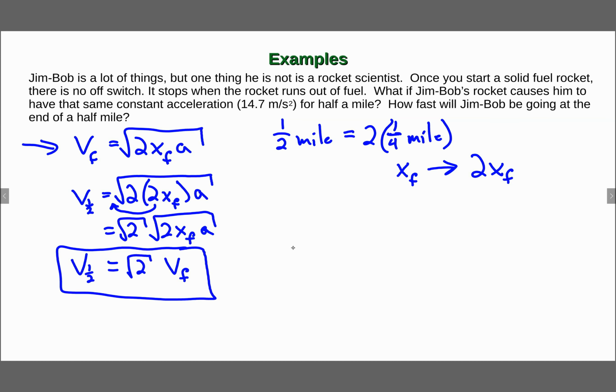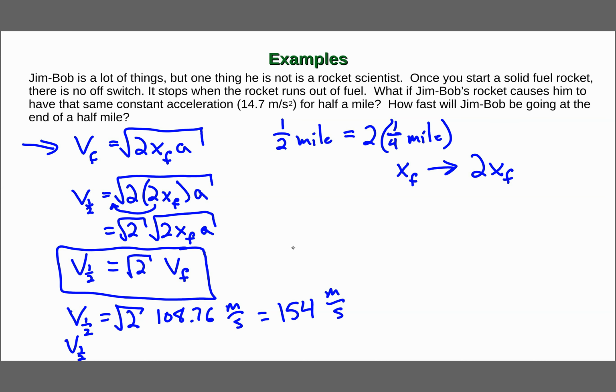So remember before, we have root 2, and our answer in meters per second before was 108.76 if we carry extra digits beyond significant figures in meters per second. And that gives us a new speed of 154 meters per second now when he finishes the half mile.